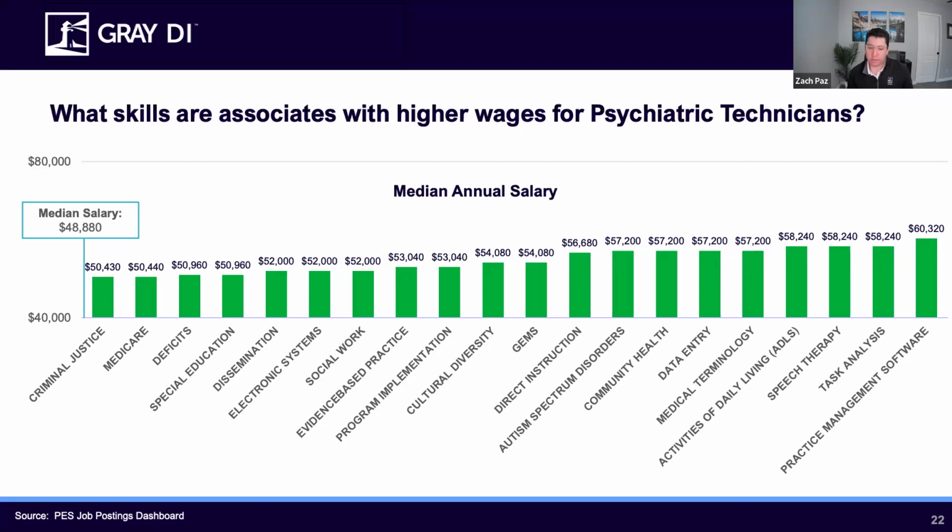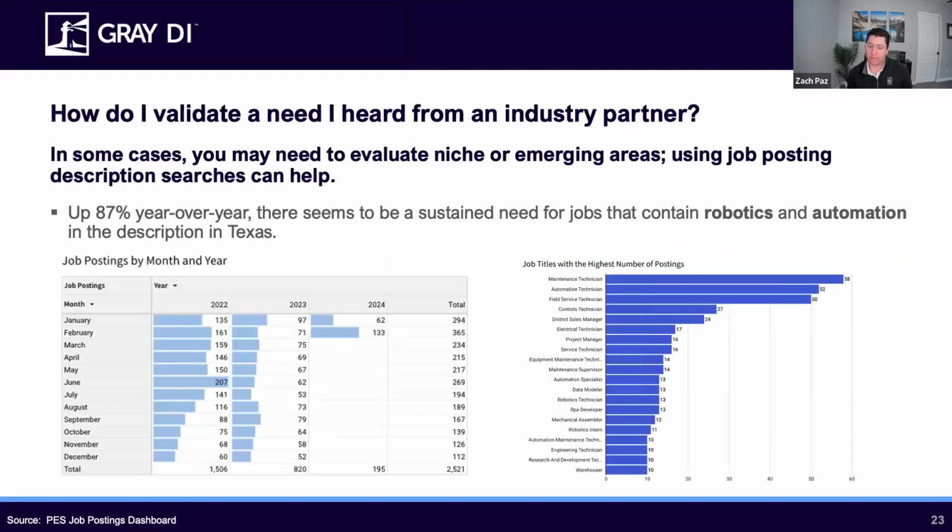Some other use cases for this employment data: in many cases, when I talk to community colleges, they have a lot of industry partners in their market. And there'll be a lot of anecdotes around, we need this type of program, we need this type of candidate, we need them to have these types of skills. Well, how do you actually validate what you're hearing from your industry partner?